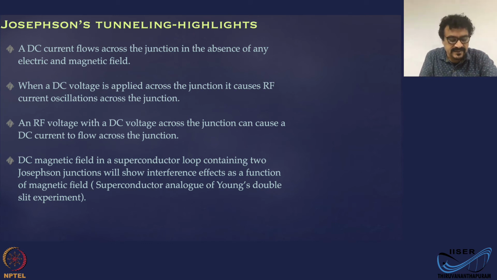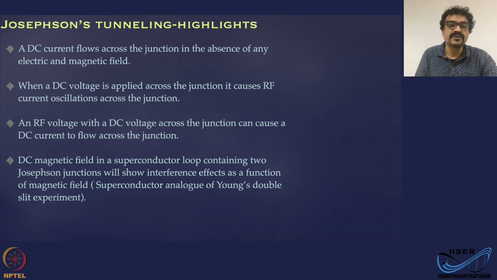The next one is when you apply DC voltage across the junction, it causes an RF voltage or RF current oscillations across the junction. So DC current when no voltage is applied, and AC current when a DC voltage is applied.